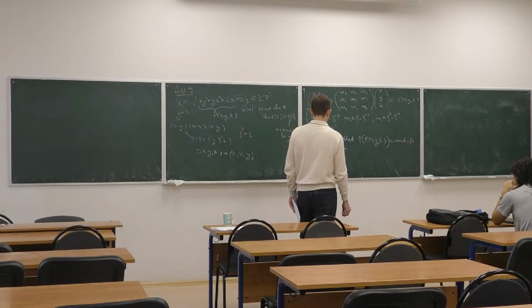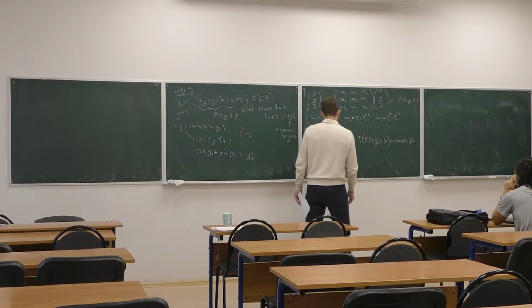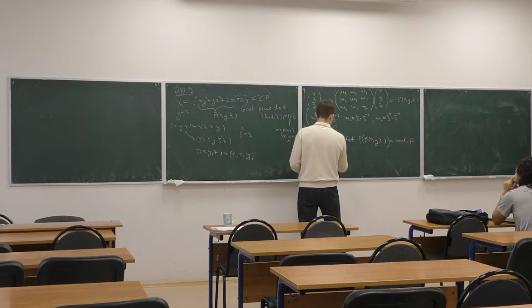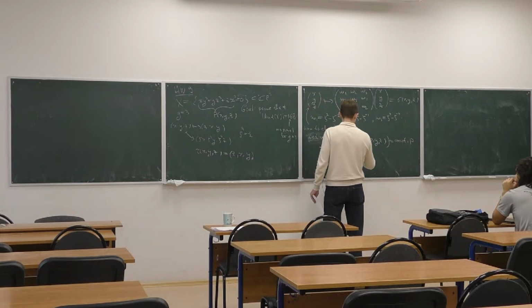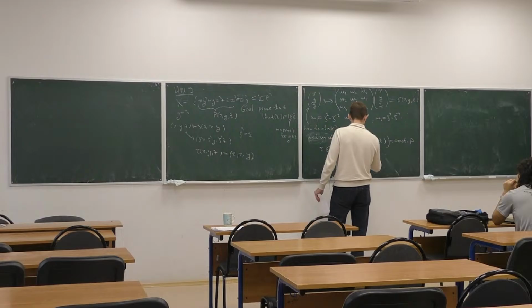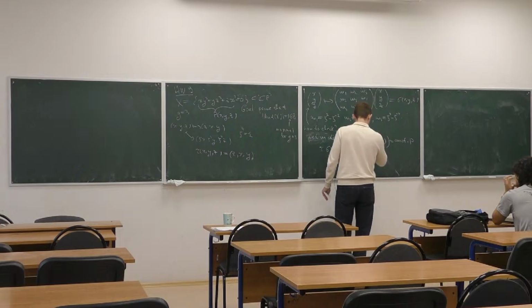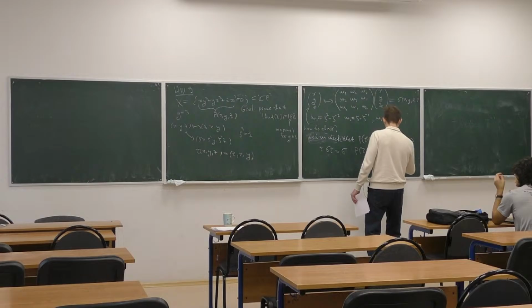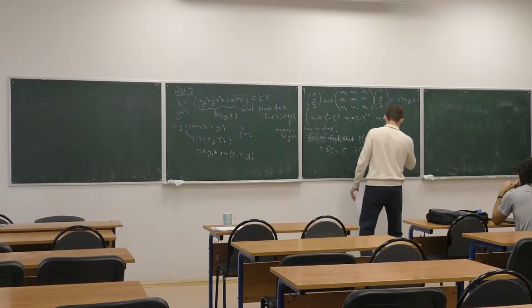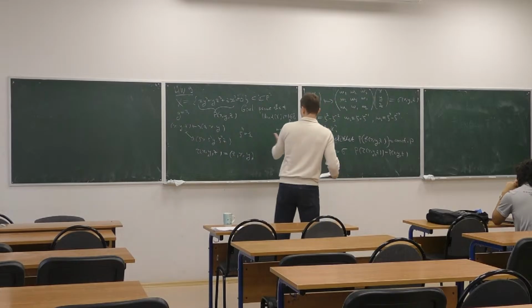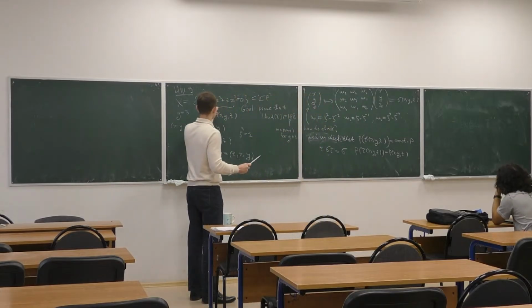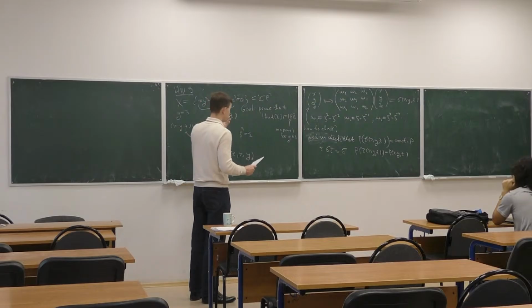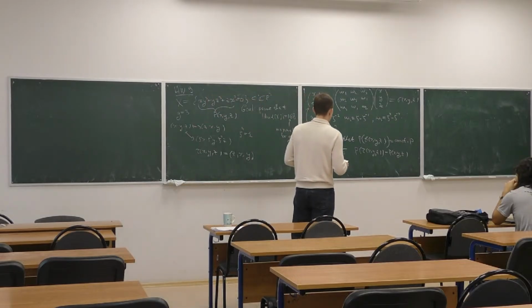Then you also note that p of tau(x, y, z) is equal to p(x), obviously, if you make a cyclic permutation of these variables, then p is the same.